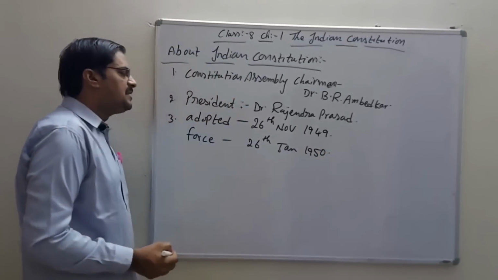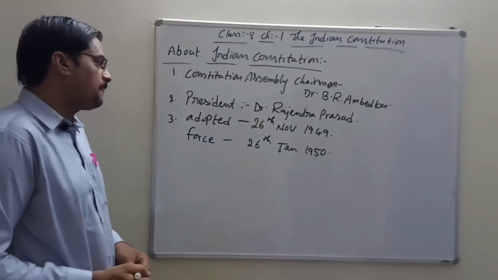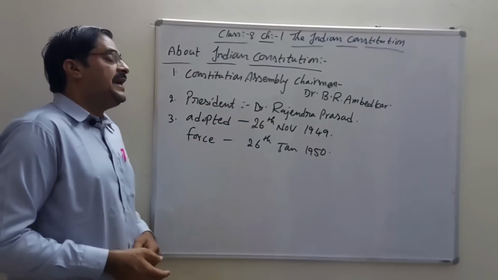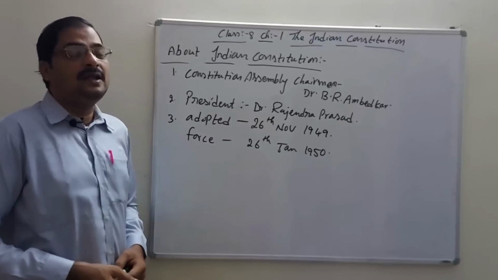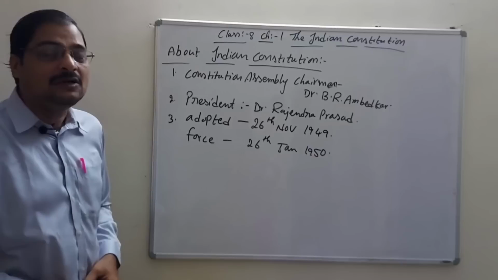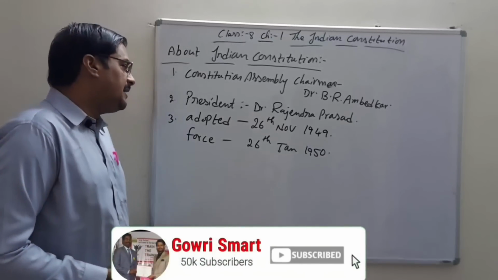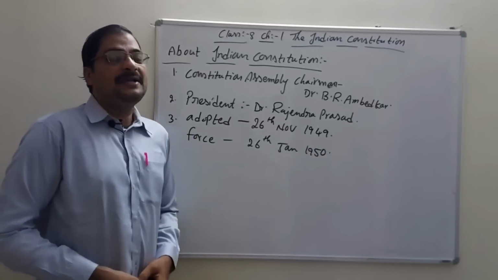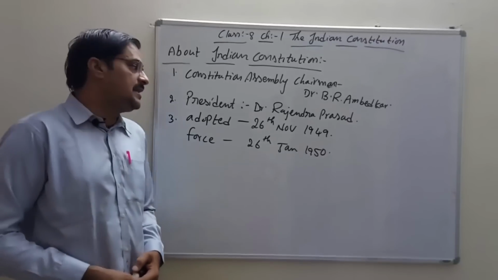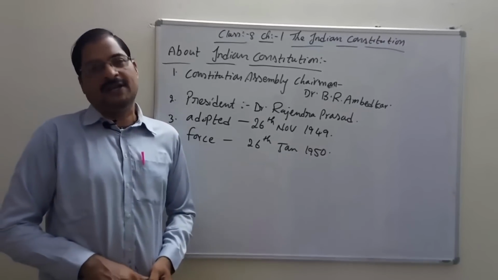What is the difference between adopted and coming into force? Adopted means the Indian Constitution was completed. It is a written constitution, and it was completed on 26th November 1949.